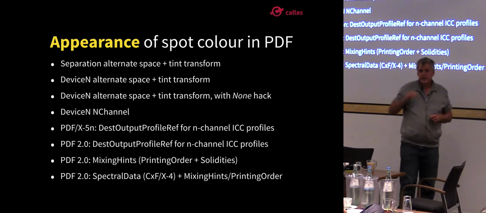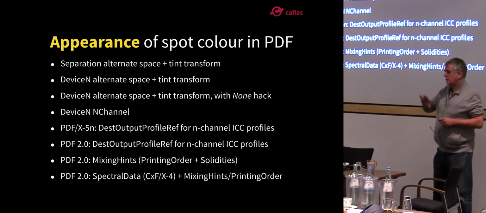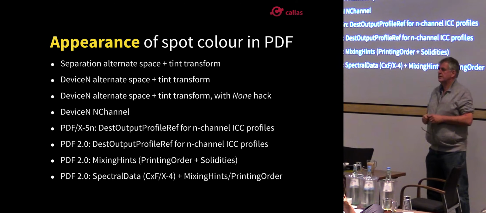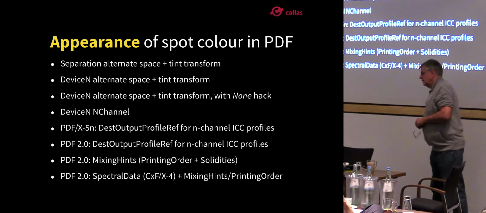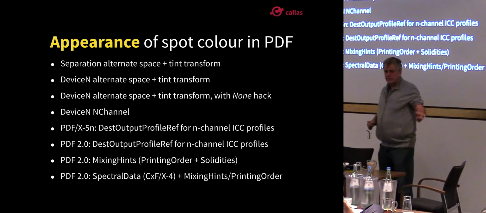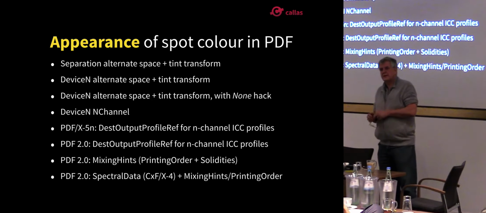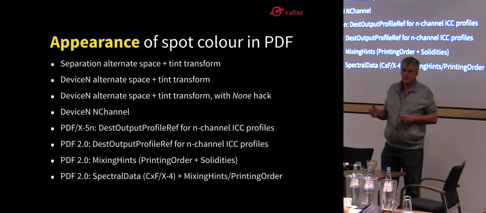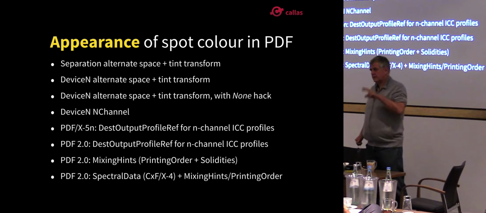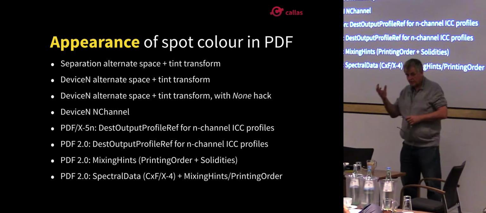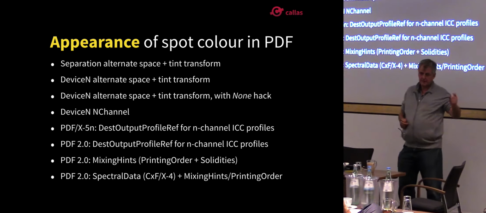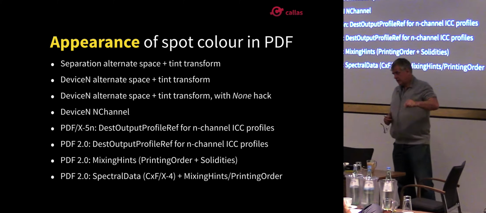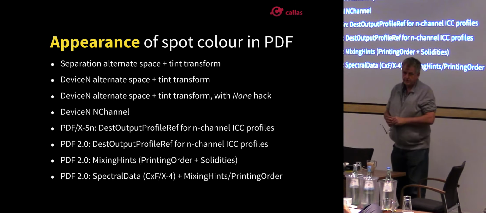The same is true for DeviceN. DeviceN is an arbitrary combination of spot colors and maybe process colors CMYK. Each of the individual channels could have its alternate space, but also the combination of them can have an alternate space in a tint transform. So if I have magenta, yellow, and blue, I can define a tint transform, a formula that takes the 3 input values, 30% for magenta, 20 for yellow, and then maybe 10% for the blue.